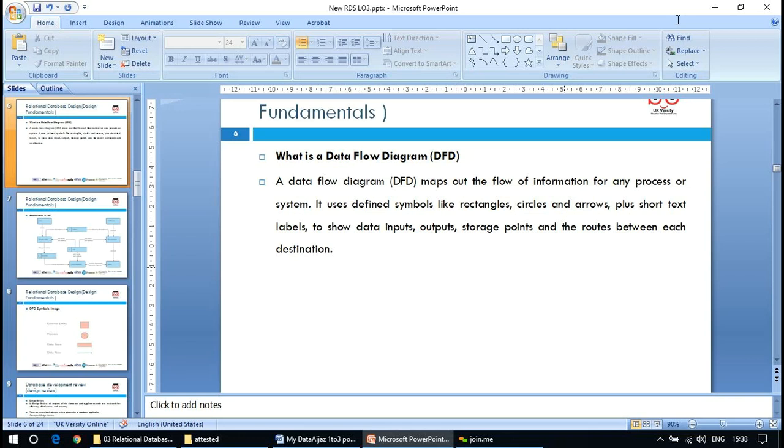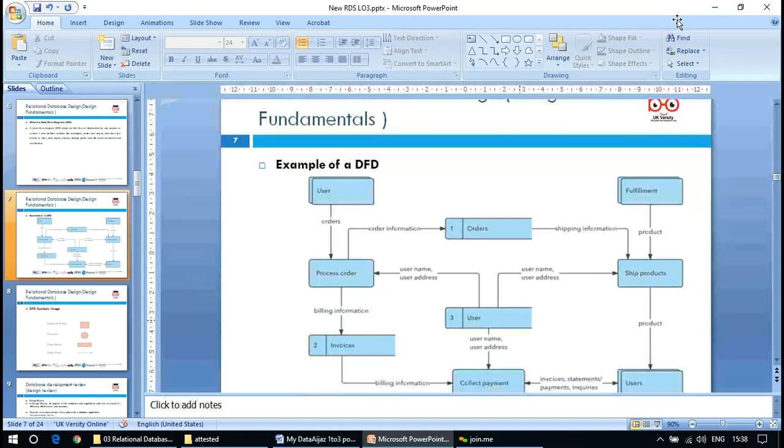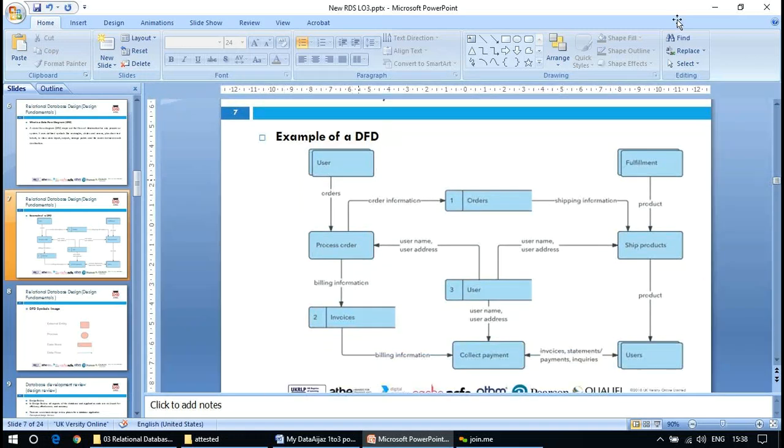Yeah. The same way, the data flow diagram allows you to decide who will be passing the information to and from. So like a user needs to put the order, yeah, into another entity, which is the process order entity, yeah. And the process order entity needs to further go to the invoices.